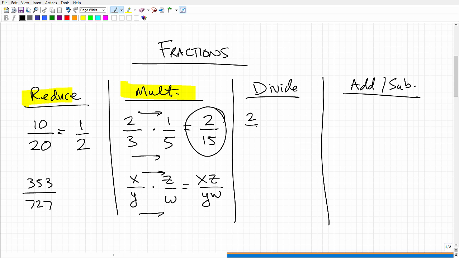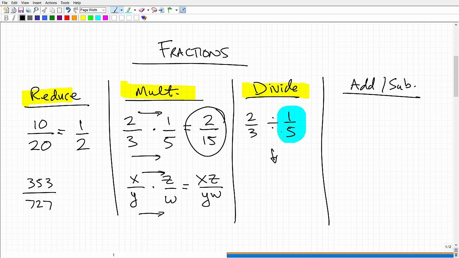So let's do 2/3 this time divided by 1/5. This is also very easy to do. When we do division of fractions, all you do is convert this into a multiplication problem. So we're not going to do a division problem. We're going to flip the fraction to the right of the division symbol upside down, and this turns it into a multiplication problem.